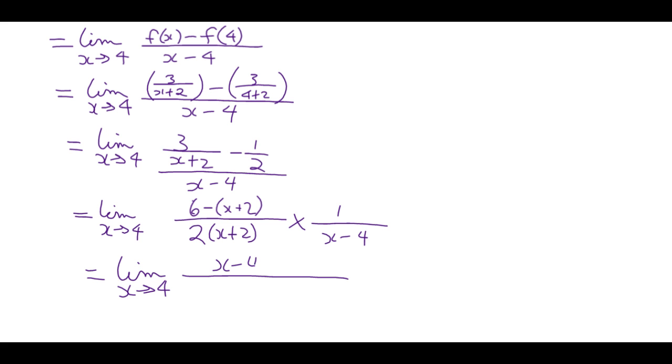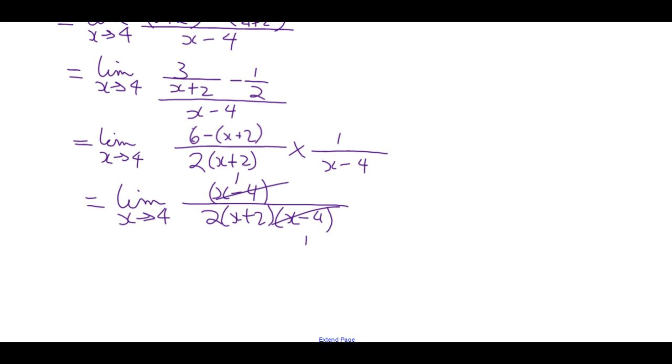So 2 times x plus 2, x minus 4. Don't forget there's a 1 up top. It's easy to cross stuff off and then just forget. Don't leave it blank. We can stick something in there, which is 6. What do we got? 1.